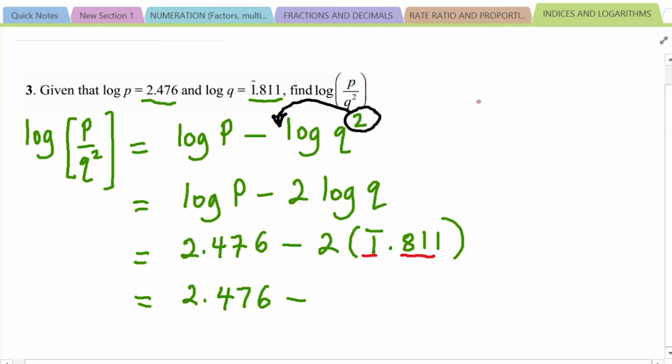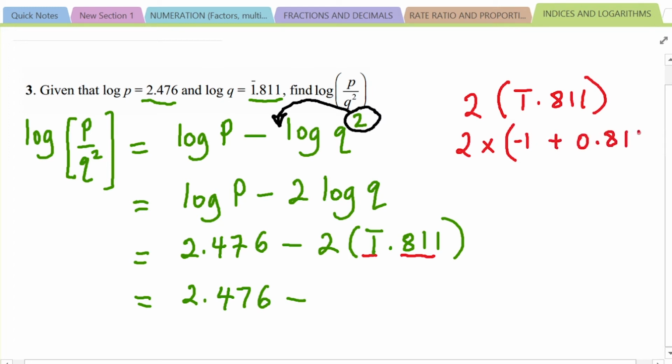Now let me do this as side work so that I come back down here with the final answer. So 2 multiplied by bar 1.811. This is the same as saying 2 times, in brackets, negative 1 plus 0.811.